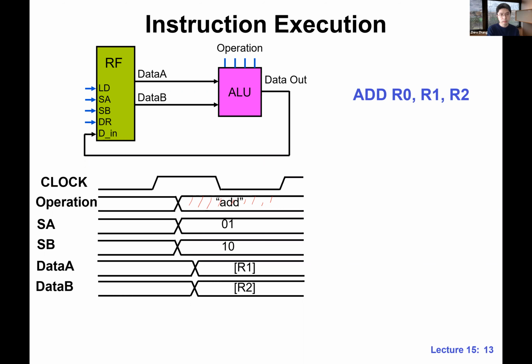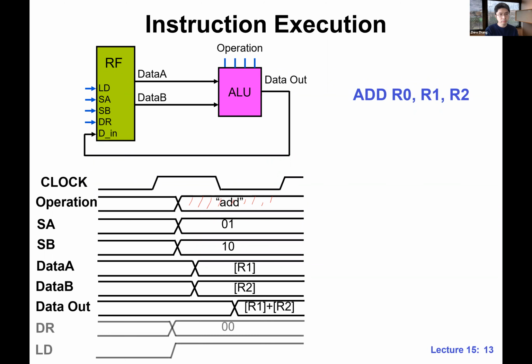One thing I want to mention here is that once we provide SA and SB, we actually don't need to wait until the next clock edge for data A and data B to show up, because this is combinational. We are not writing to the register file, we're reading from it. So we don't have to wait until the next clock edge to see data A and data B. And we get R1 plus R2.